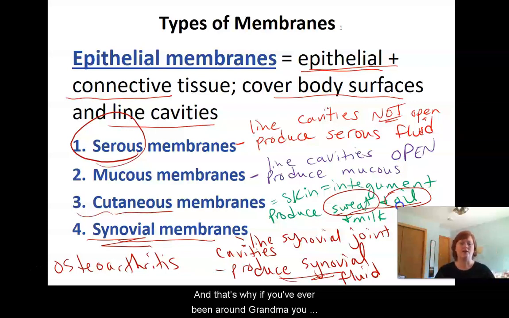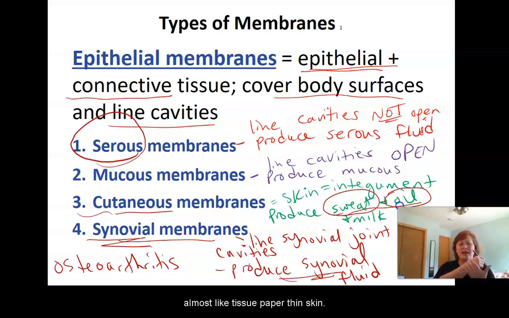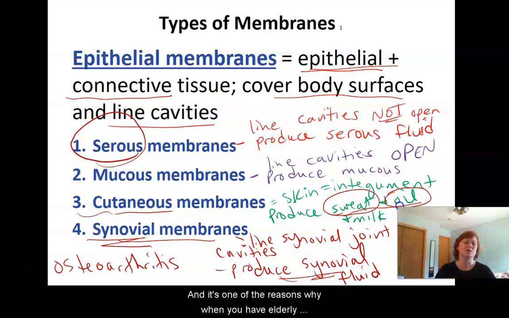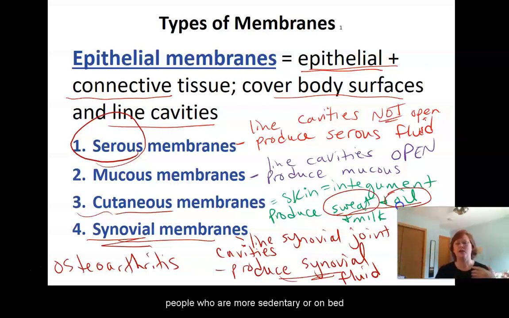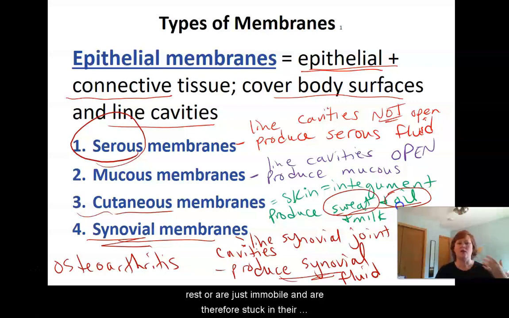And that's why if you've ever been around Grandma, you might have noticed that maybe she's got what feels almost like tissue paper thin skin. And it's one of the reasons why when you have elderly people who are more sedentary or on bed rest or just are immobile and therefore stuck in their beds, they might be more likely to have bed sores, because that skin is so thin and fragile compared to what it was when they were younger.